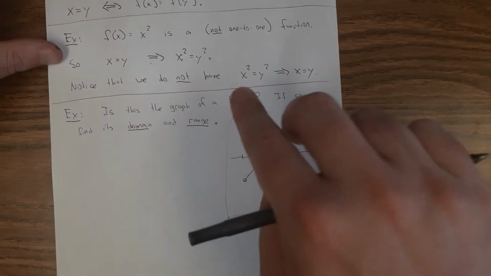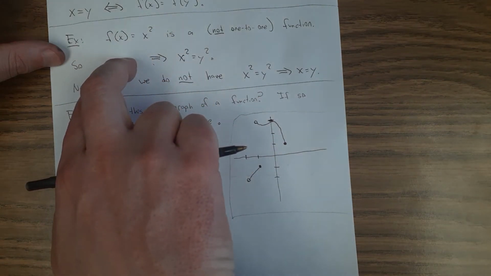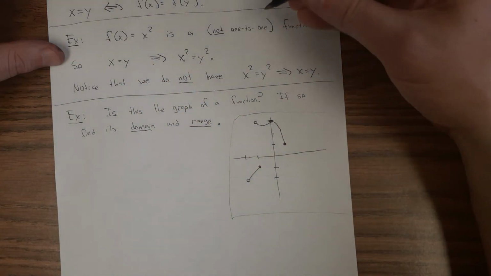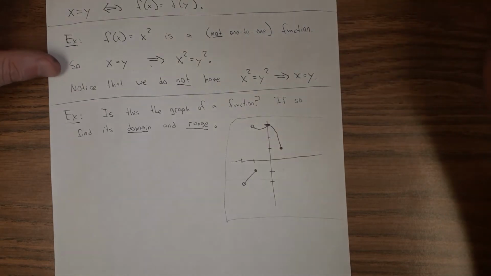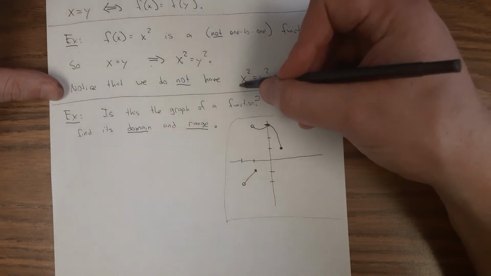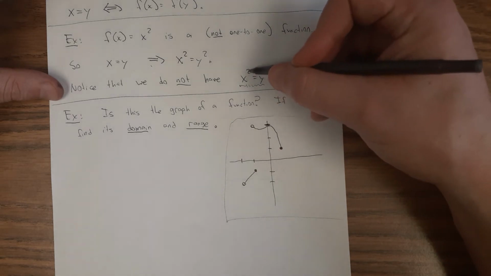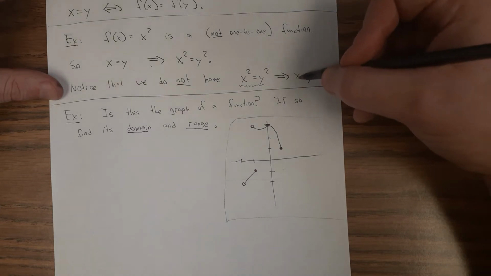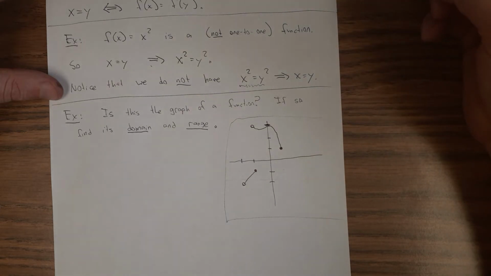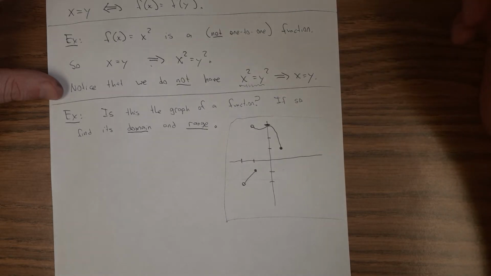In particular, it's not the case that this implies this, right? Because, and this goes back to the same old plus or minus trick, if I know that x squared equals y squared, it's not automatically true that x equals y, right? x could be negative y.